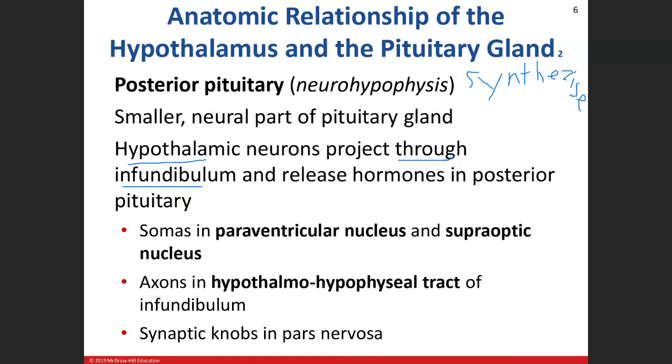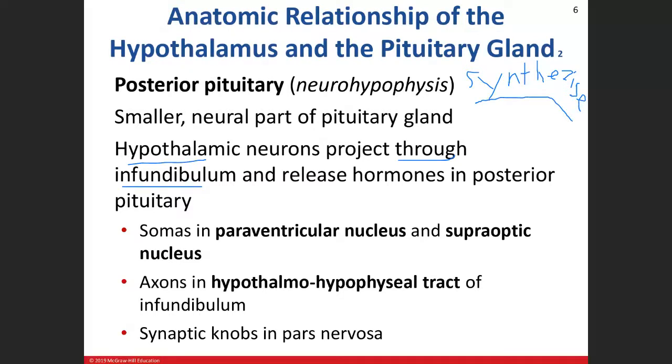The posterior pituitary will secrete and release them, but it doesn't make them. That's what synthesize means.